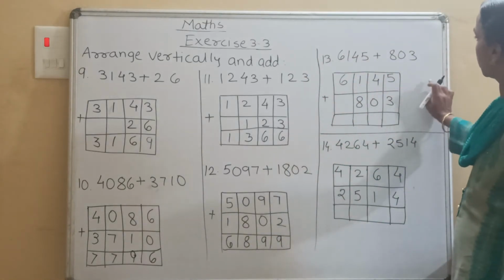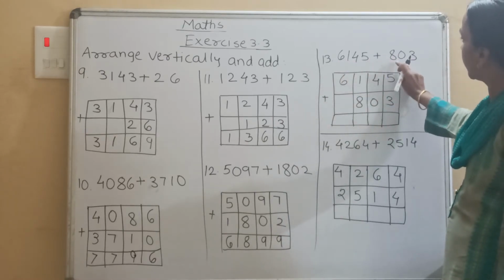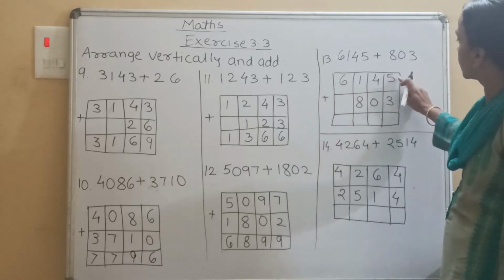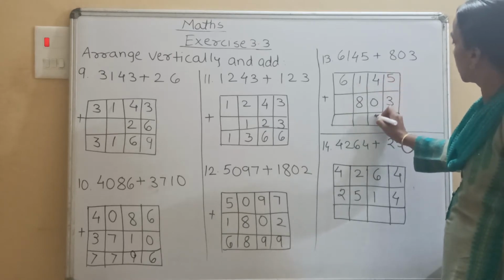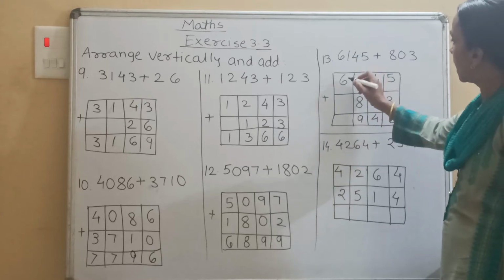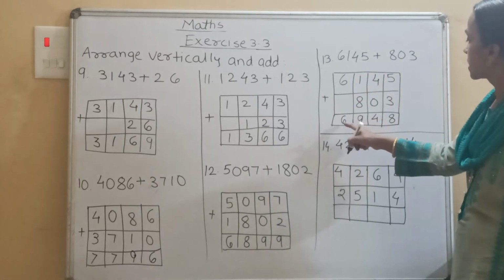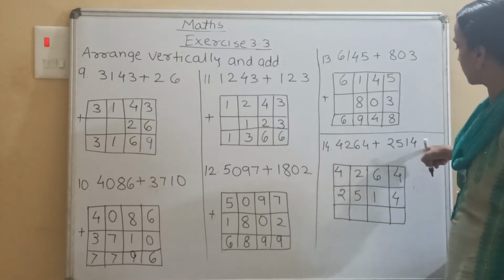Now see 13th question. 6145 plus 803. So write down as it is. 5 plus 3, 8. 4 plus 0, 4. 8 plus 1, 9. And this 6 as it is. Answer is 6948. Now see 14th question.